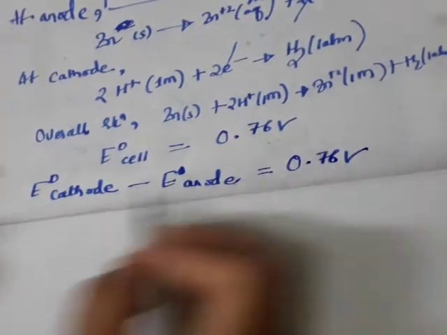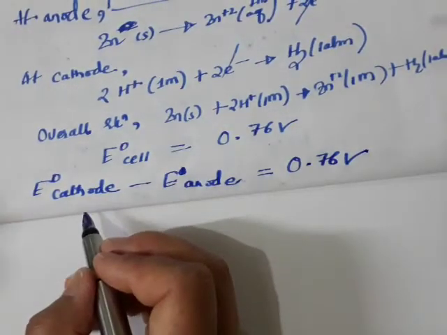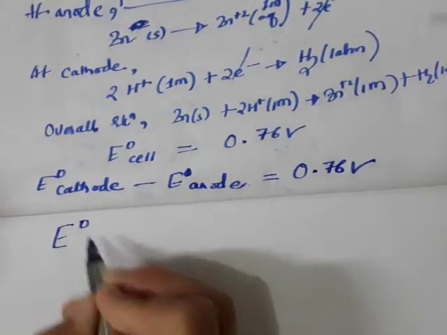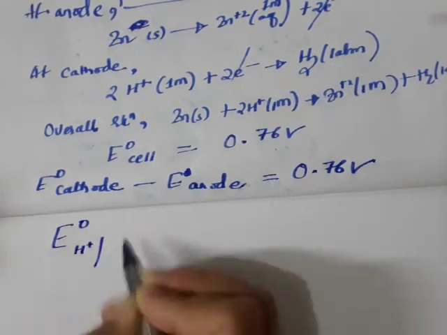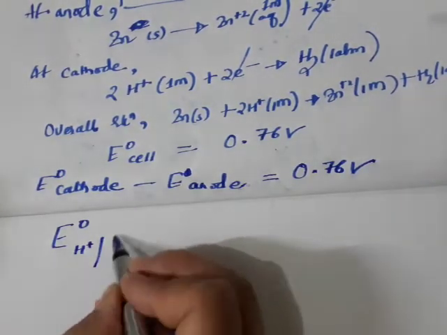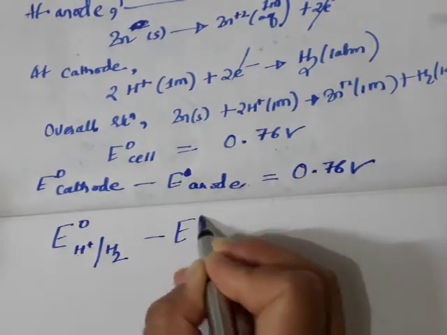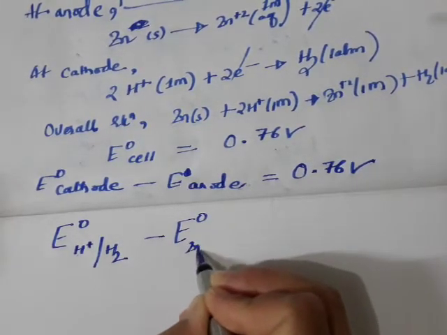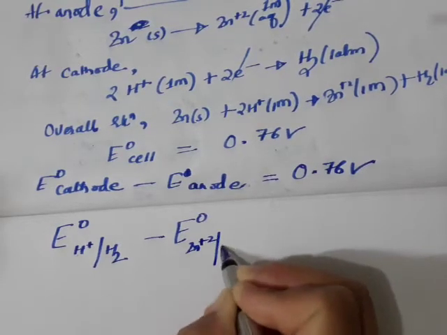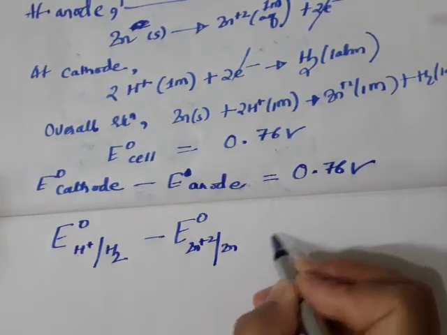Now what is E naught cathode? It is your hydrogen electrode. Every time we need to write this in reduction form whenever you are writing the electrode potential, H plus to H2, minus the anode, your zinc. Again, you need to write this in reduction form, according to the present convention.